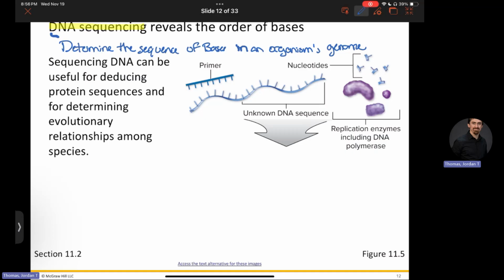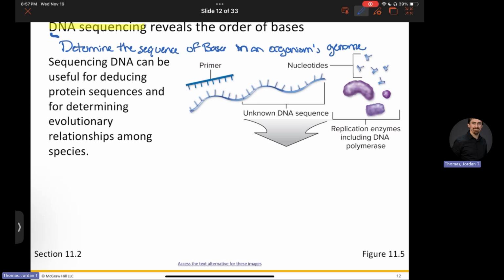So DNA sequencing is determining the sequence of the bases in an organism's genome, writing out all the letters. So remember, the bases are A, T, C, and G. So DNA sequencing is just writing what base is in what place.